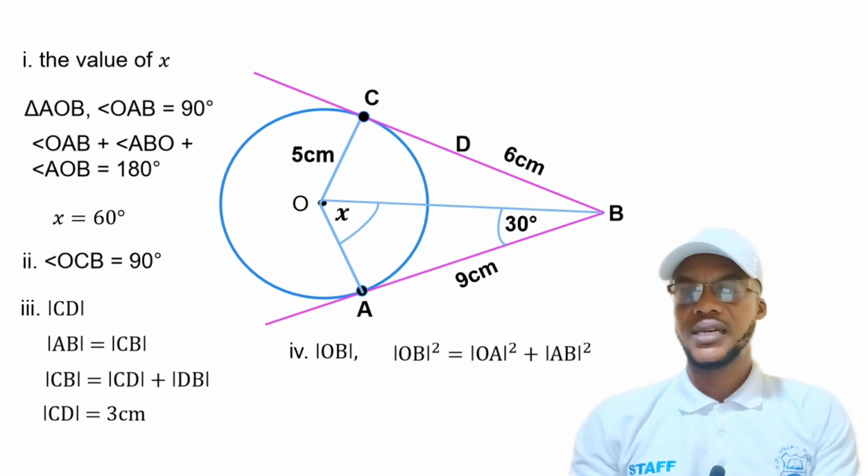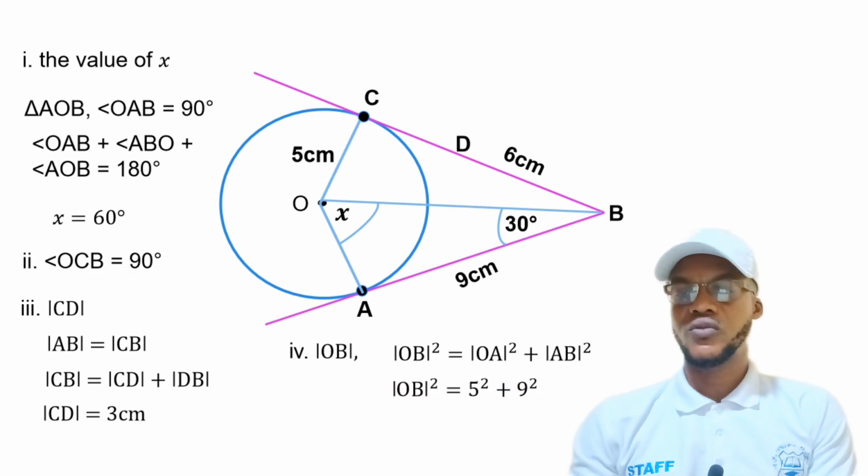Then we can say that OB squared is equal to OA squared plus AB squared. If we substitute our values, we are going to have OB squared is equal to 5 squared plus 9 squared.